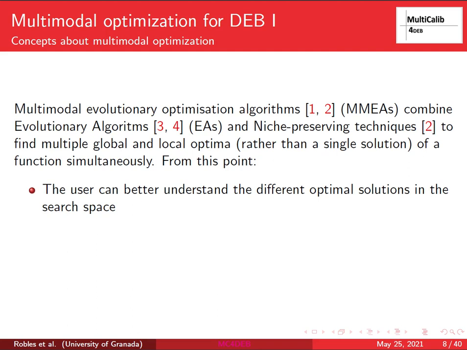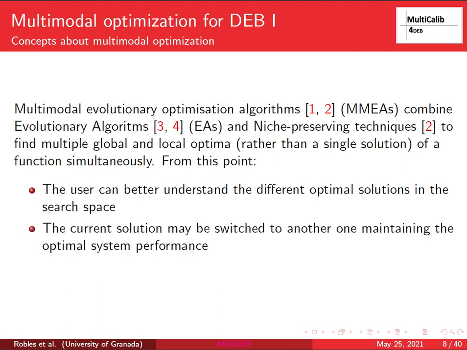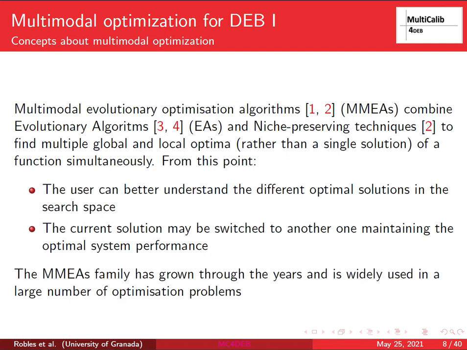By doing so, it is possible to have a better understanding of the different solutions of a problem, while having the possibility to switch between them and maintain the quality of the final results. Multimodal optimization is widely used in both theoretical and practical problems.